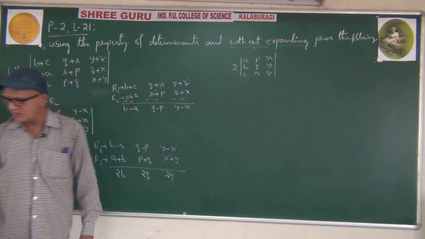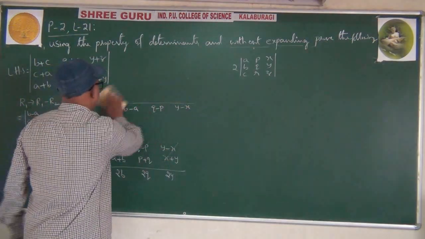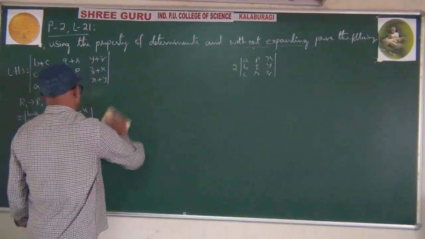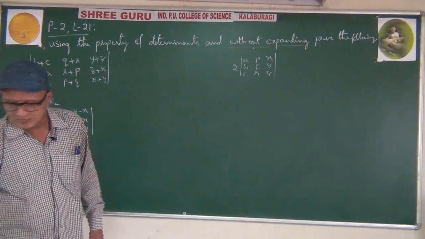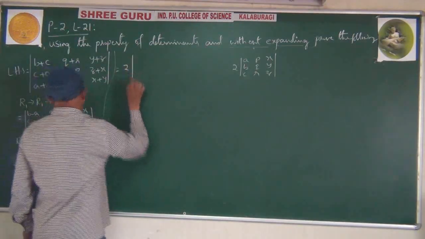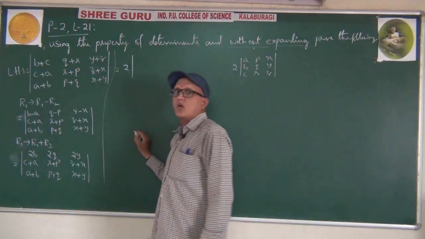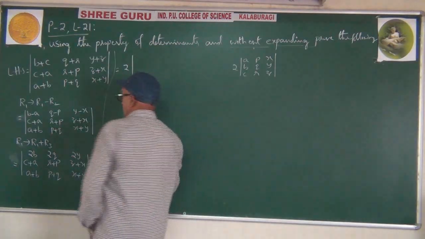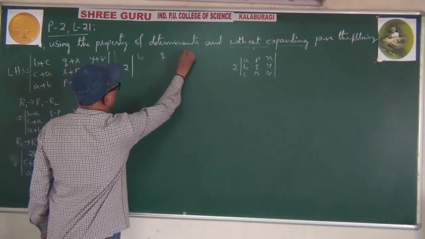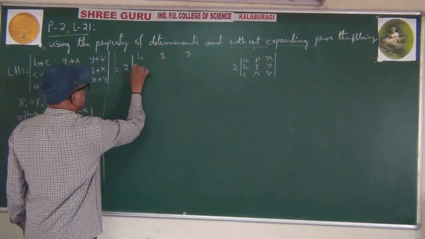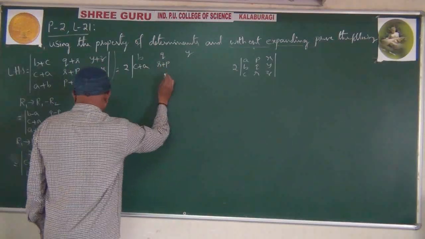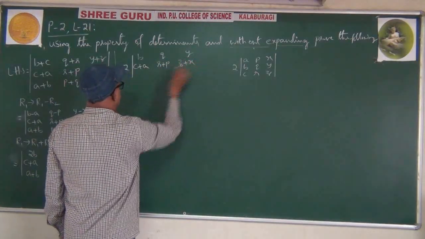I'm going to rub this one, the place is not sufficient. I'm going to take 2 common from the first row. The remaining is B, Q, Y. Remaining as it is: C plus A, R plus P. In this step, no doubt you can understand something.